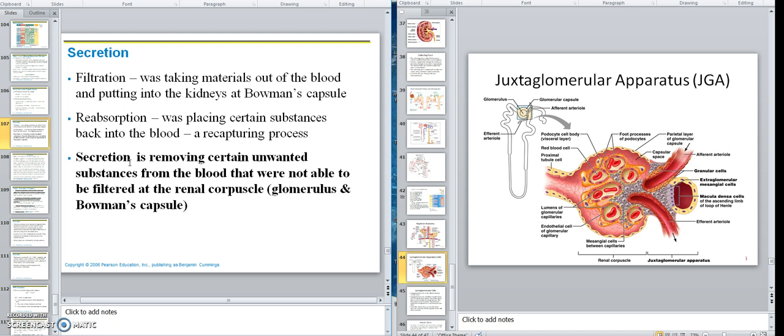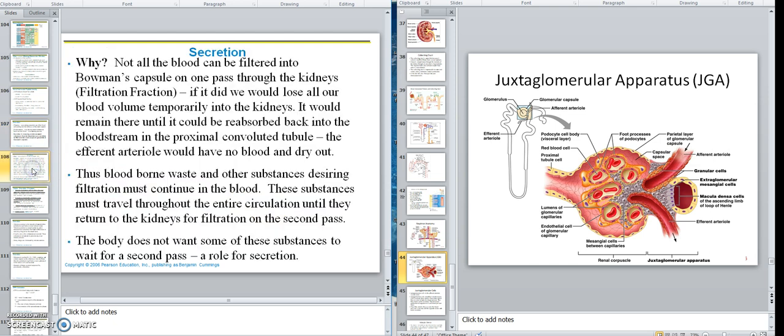Secretion is to take substances out of the blood and put them into the filtrate, but not at the glomerulus and Bowman's capsule. Most secretion is done at the proximal convoluted tubule, and some is done later. So why? Not all blood can be filtered into Bowman's capsule on one pass through the kidneys. That's the filtration fraction.